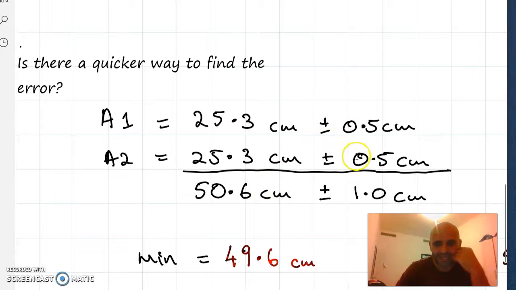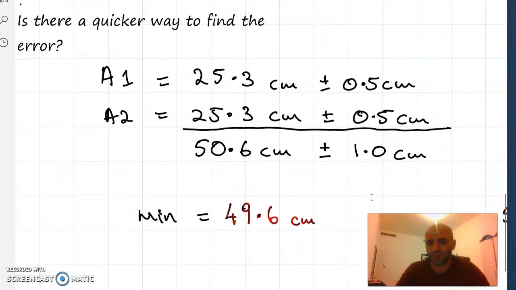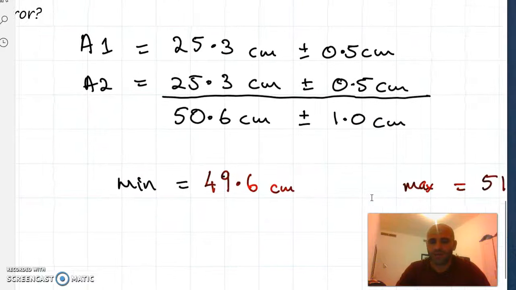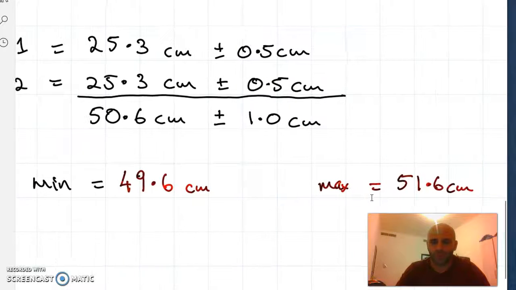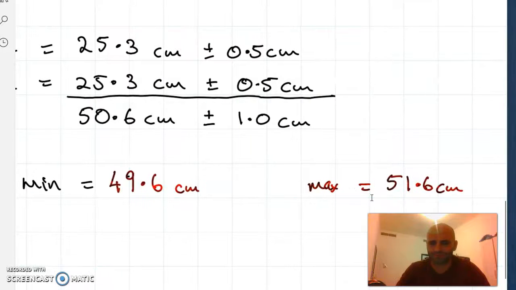And then if I look at the error, well, if I add the two errors, I've got 0.5 centimeters for the first one and 0.5 centimeters for the second one, and that gives me an error of plus or minus 1 centimeter. Okay. So how does that compare with our maximum and minimum?